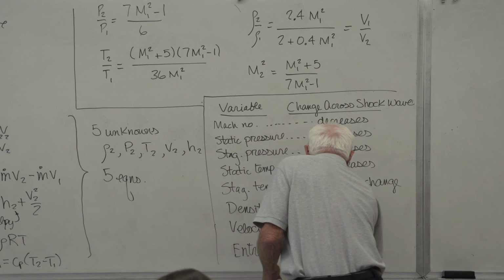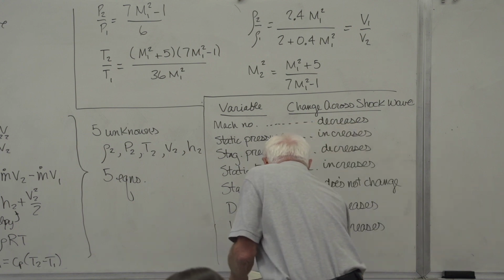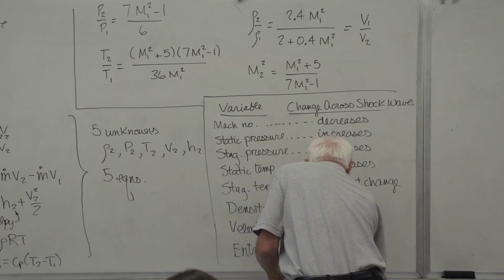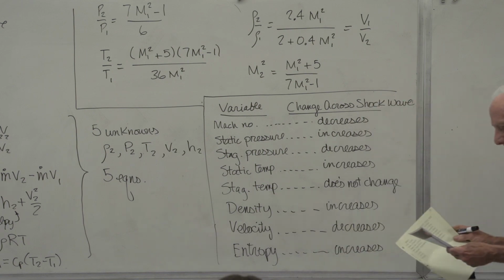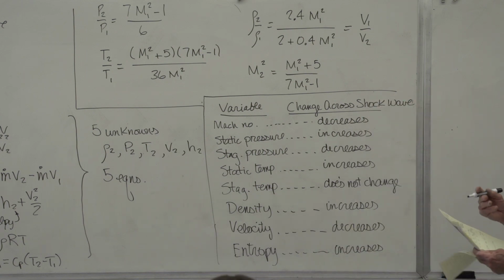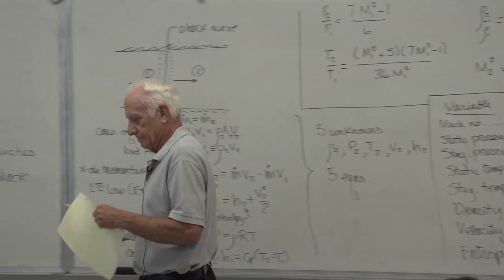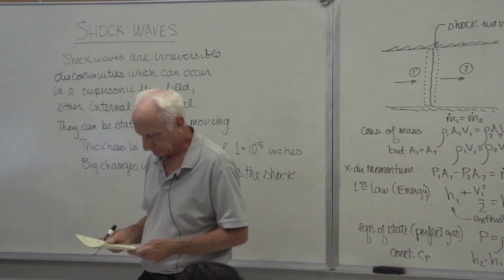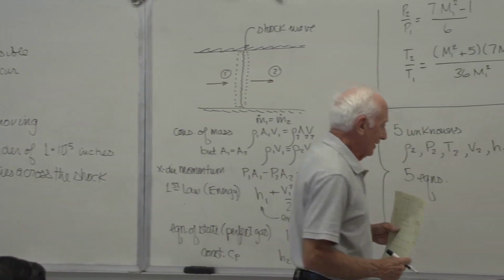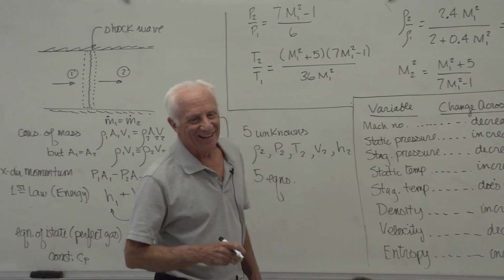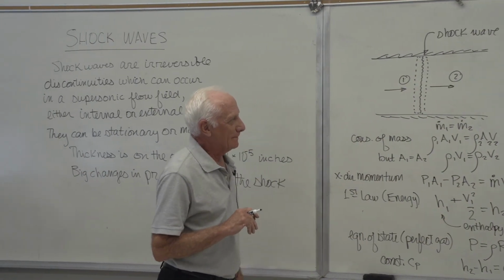Velocity decreases. Enthalpy increases. You can show that by plugging numbers in the equation. I'm sorry, entropy. Yeah, I'll mention it in just a minute.